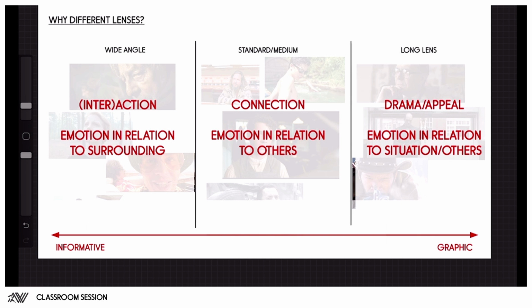And an establishing shot is made usually with a wide-angle lens, because it gives us a wide overview of everything in the scene, the surrounding, the environment, wherever we are. And it gives us as much information as it can about that surrounding, right? And so that's why they call it an establishing shot. And so that's a very informative sort of view.